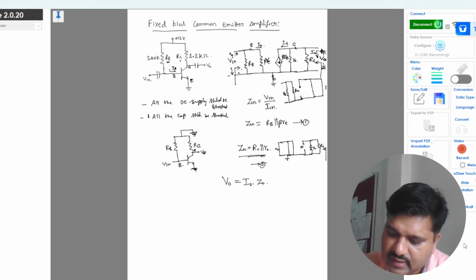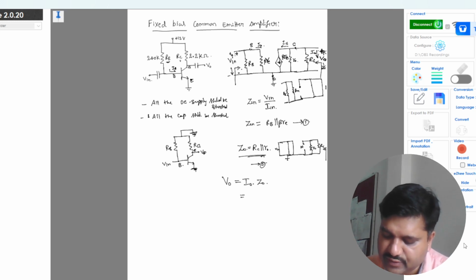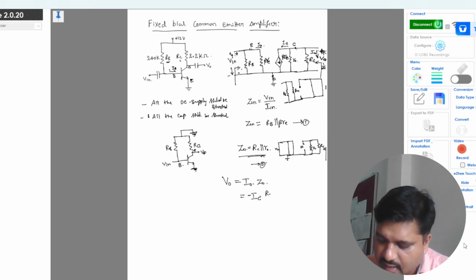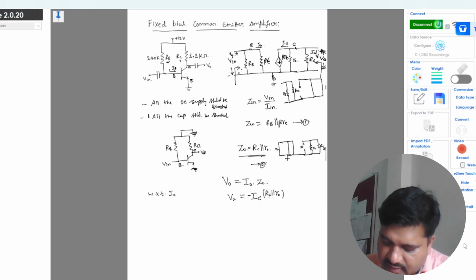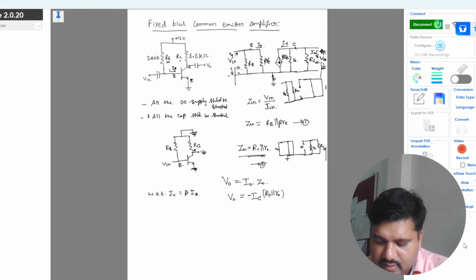I0 is nothing but IC in the opposite direction, so I can write it as minus IC, and Z0 is RC parallel with R0. So this is my V0. And IC is beta times IB.